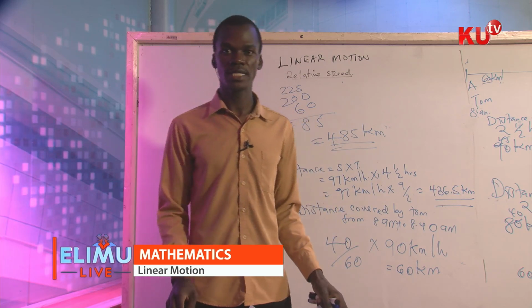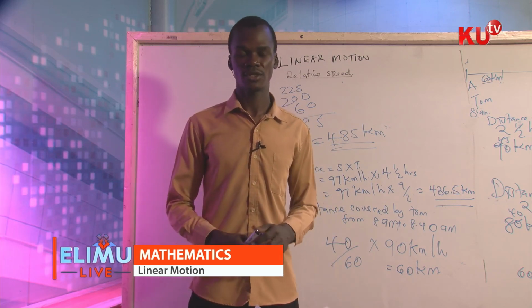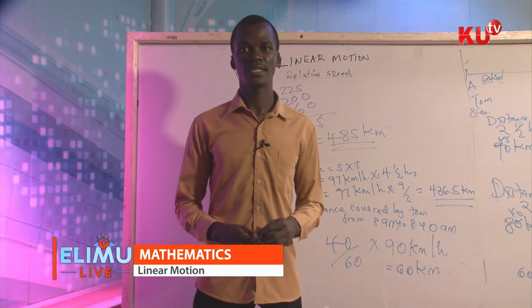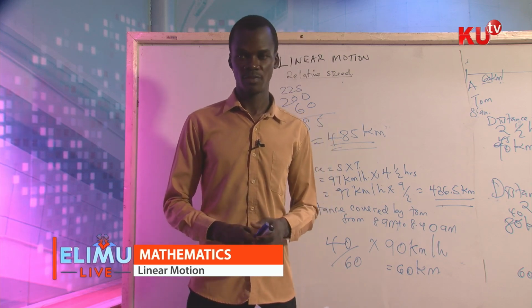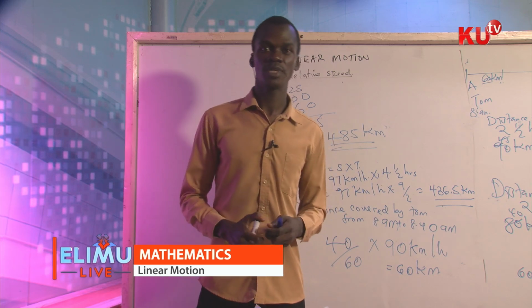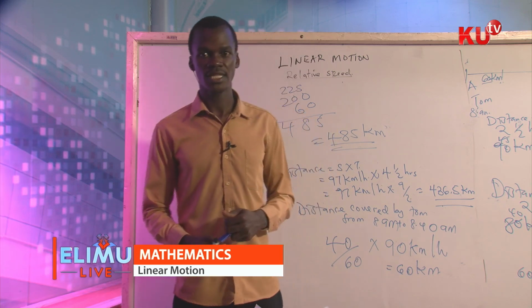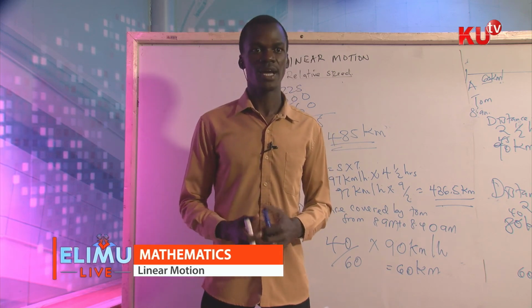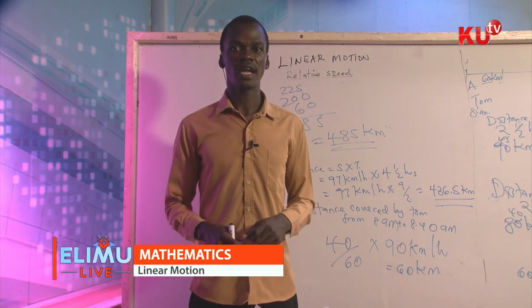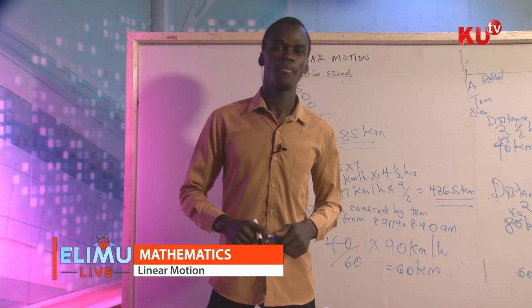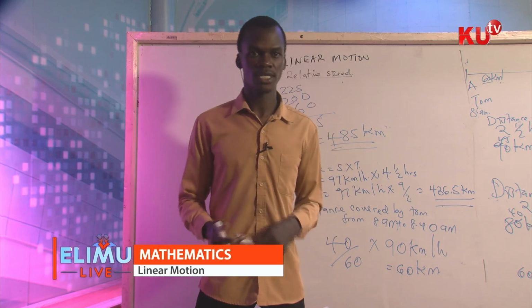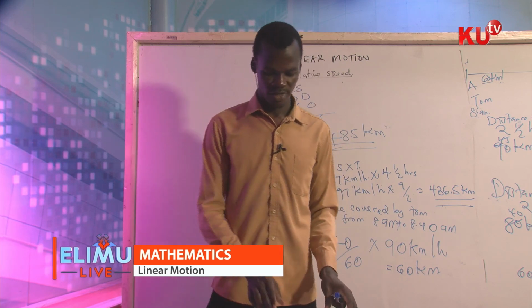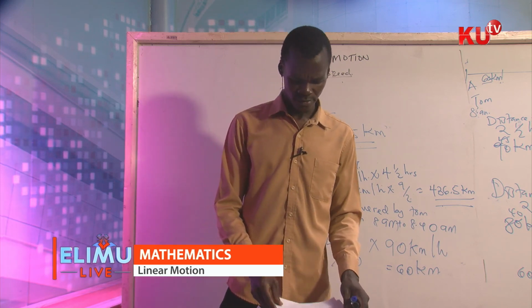For the bodies that are moving in opposite directions, then you are going to add the speeds to get the relative speed. And you can now use the relative speed to get the relative distance and to get the relative time. And after getting the 3, you can now calculate any of the variables that are required to be calculated.